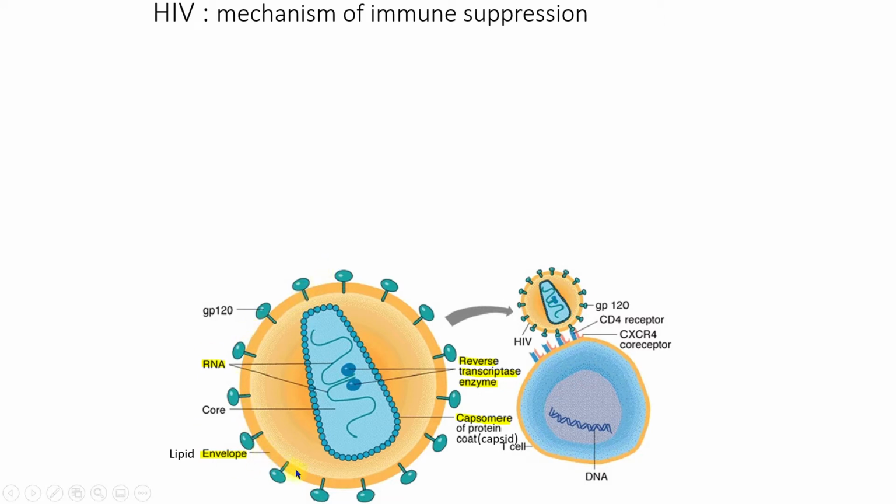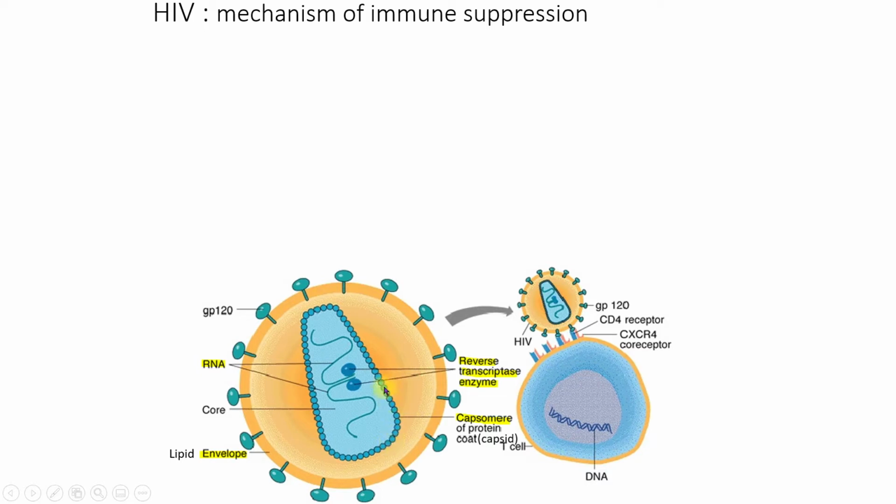So the HIV envelope is also derived from lipid. So HIV has a lipid envelope with many receptors on its surface, or to be more precise, protein receptors on the lipid envelope.